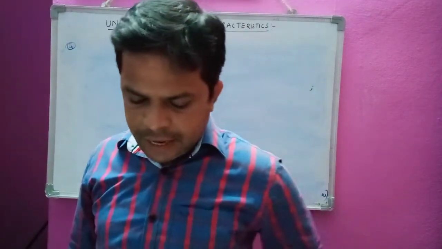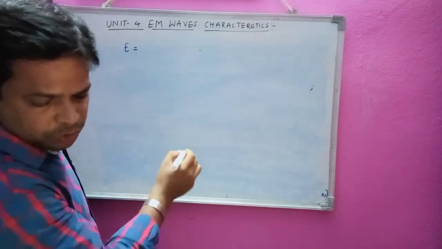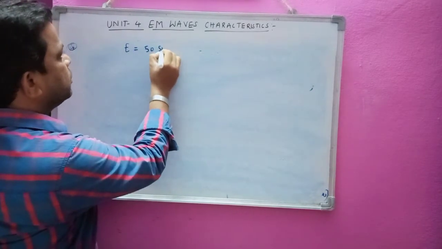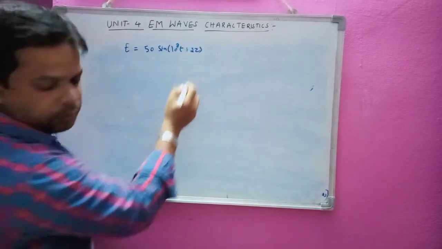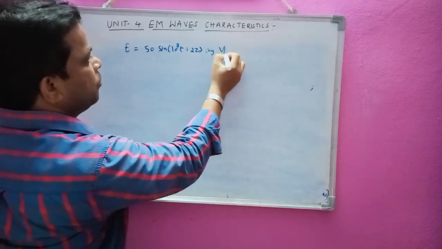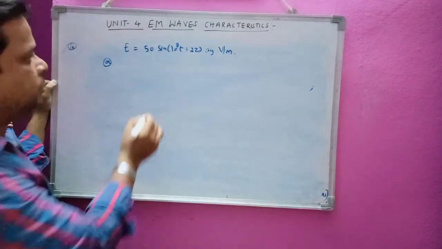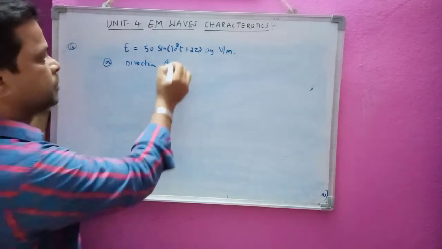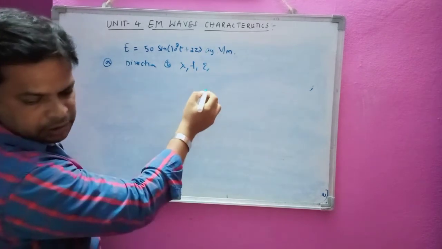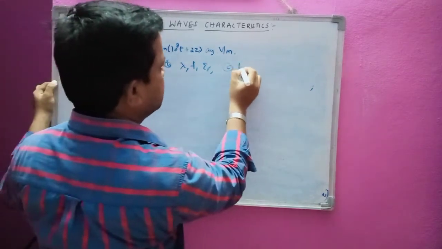A plane wave in a non-magnetic medium is given as E is equal to 50 sin(10 to the power of 8 t plus 2z) ay volts per meter, and he is asking to find the following: the direction of the wave propagation, and lambda, f, epsilon r, and H.